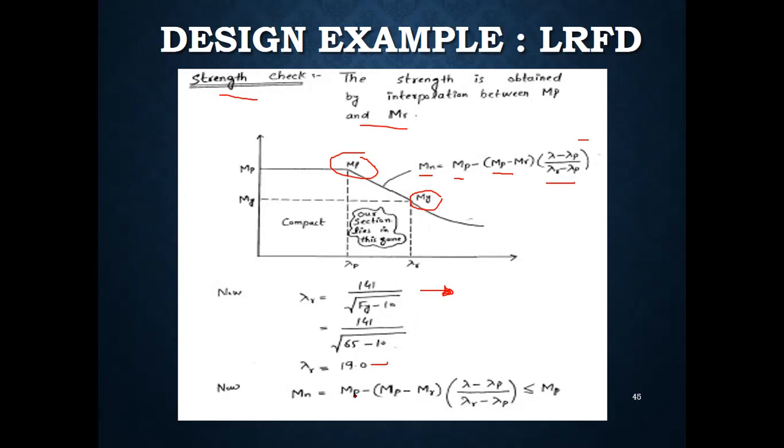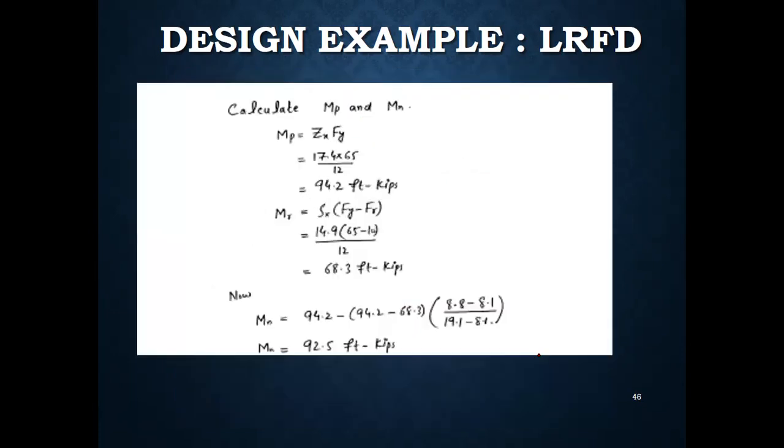Now for a non-compact section, the interpolated value of Mn should be less than the plastic moment, so we first check the plastic moment and the nominal moment. The plastic moment is equal to the plastic modulus times yield stress. The plastic modulus comes out to be 17.4. When it is multiplied by 65 divided by 12, it comes out to be 94.2 kip-ft.